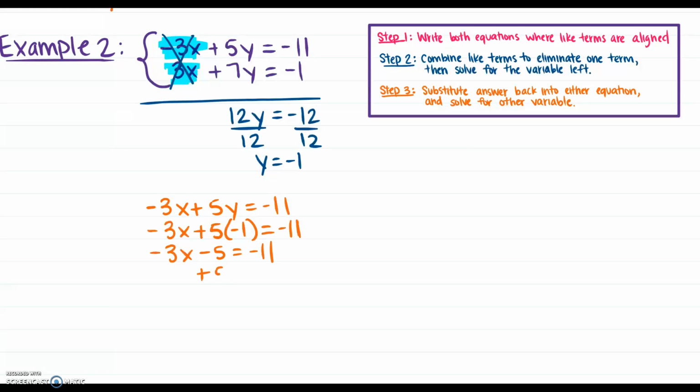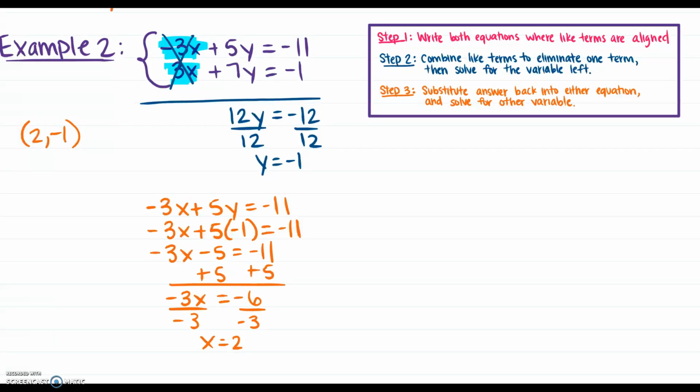I'm going to add 5 to both sides. That leaves me with negative 3x equals negative 6. Divide both sides by negative 3 to get x by itself, and x equals 2. So our solution here is positive 2, negative 1.